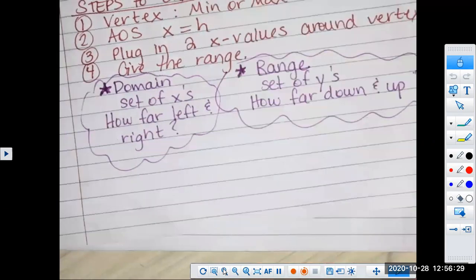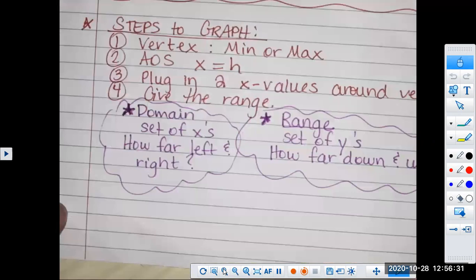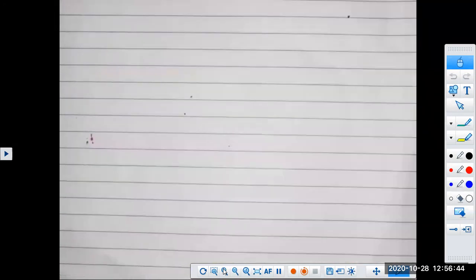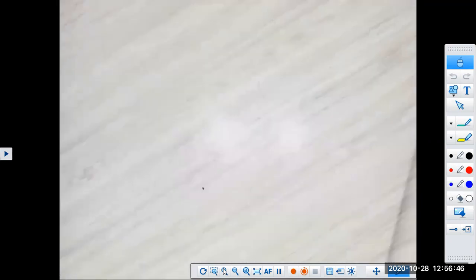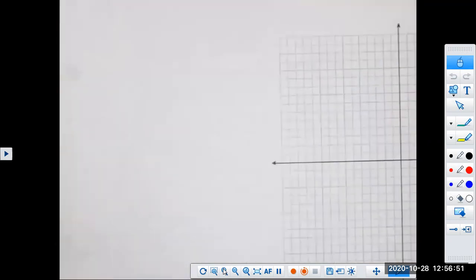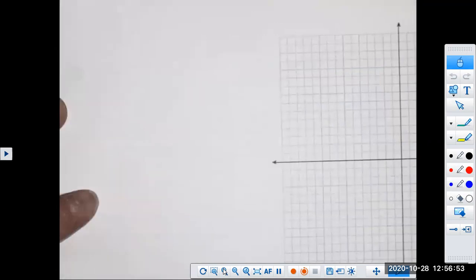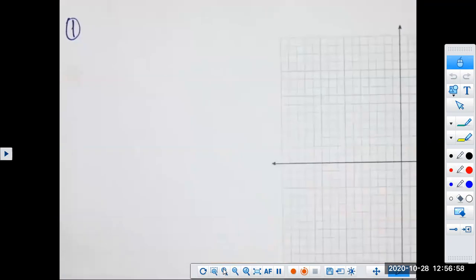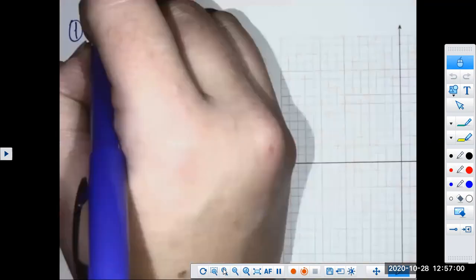All right, let's look at graphing one. I'm going to go through everything, like in MathXL, that they're going to ask you to give.